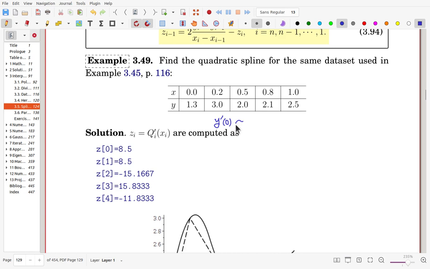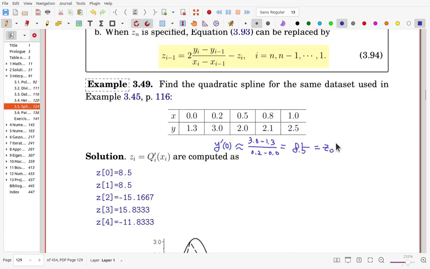That is the y change, 3.0 minus 1.3, over 0.2 minus 0.0, which is 8.5. So for this approximated slope, we use this value for z0.